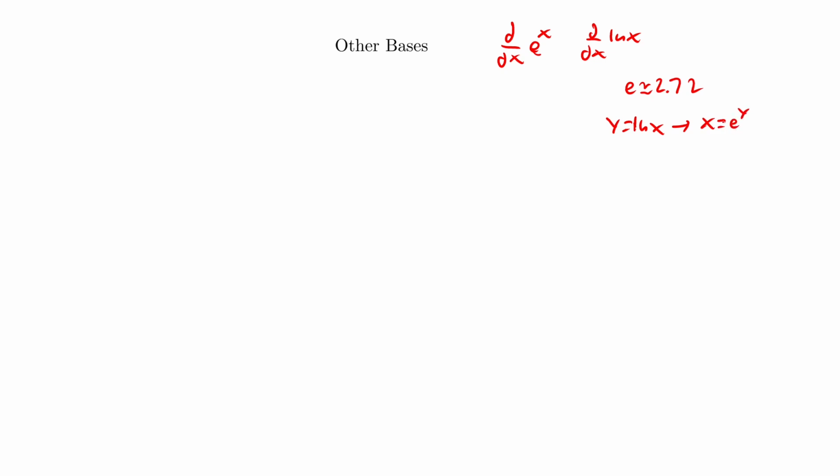So what if it's a different base than e? What if it's 2 to the power of x or 5 to the power of x? Or what about if it's a logarithm that is not a base e logarithm? Well, what do we do in those particular cases? Well, if we have the derivative of b to the x, this is just going to be the natural log of b times b to the x.